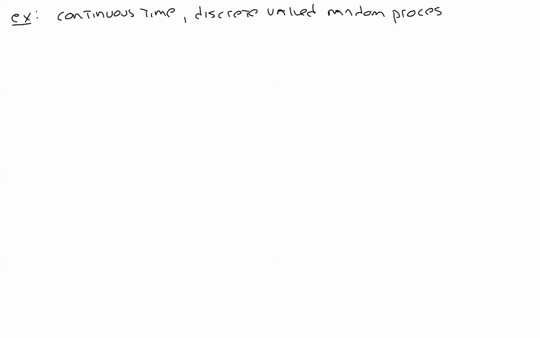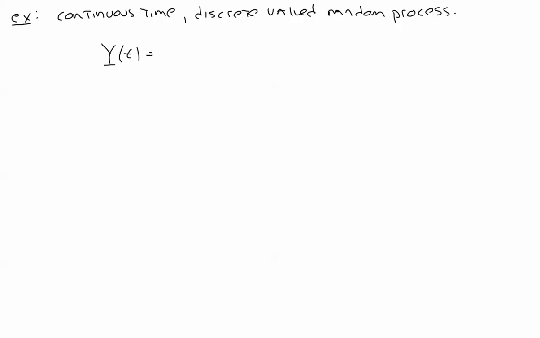All right, let's look at one more. Let's look at a continuous time discrete valued random process. All right. Let's use a different letter.